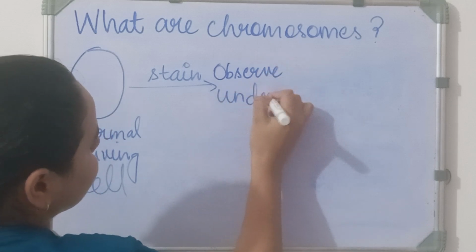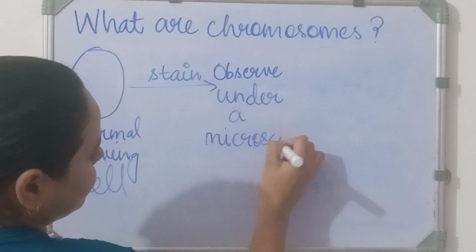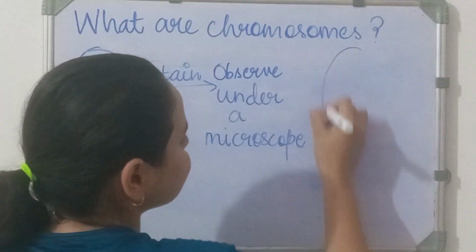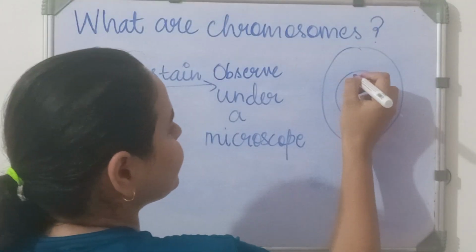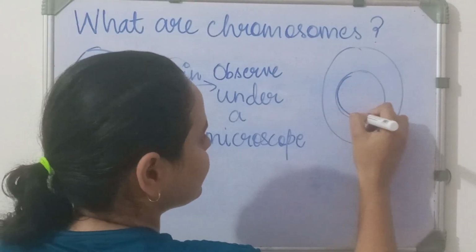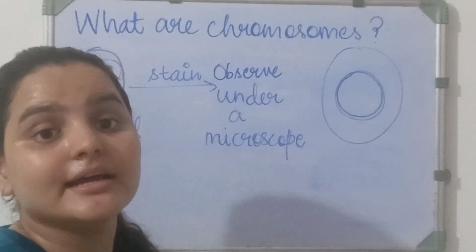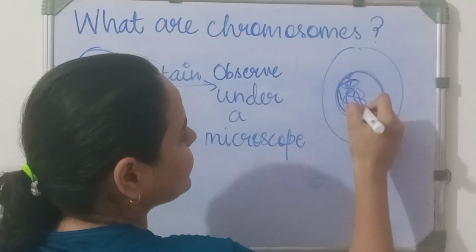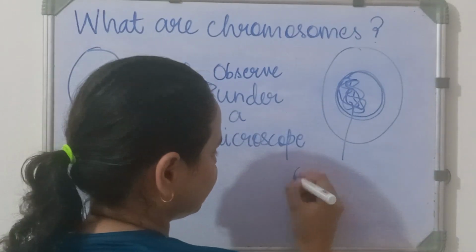Now observe under a microscope. What you will see? This is the cell. This is the nucleus. The nucleus is always a double membrane structure. Inside the nucleus you will see thread-like components, which are called chromatin fibers.